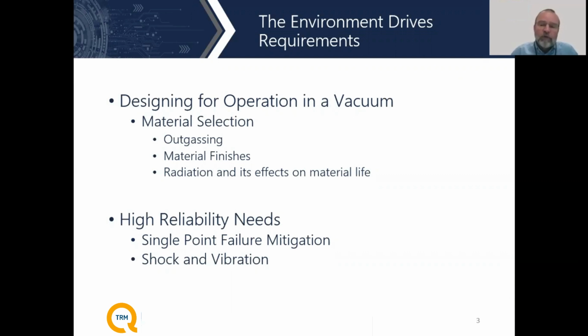Related to that, there are also different material finishes that are very critical for parts on spacecraft. Also, the environment being outer space without the ozone layer to protect it, the radiation level from the sun can be quite significant, and radiation can adversely affect many materials, really shortening the material life.